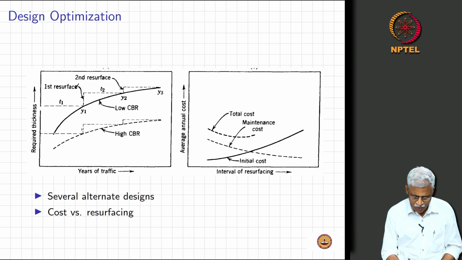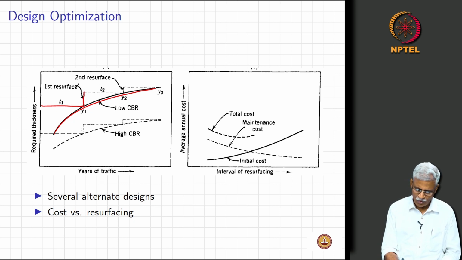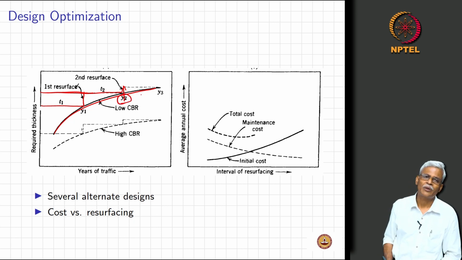Let us say the low CBR value is going here. You can provide a thickness of T1 at the end of Y1, provide a first resurfacing and so on. But you could also provide both the thicknesses together, in which case you need to provide the maintenance intervention only at this particular time.